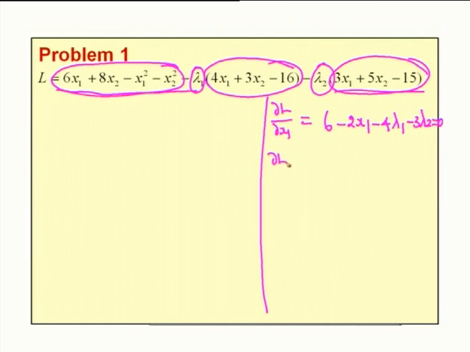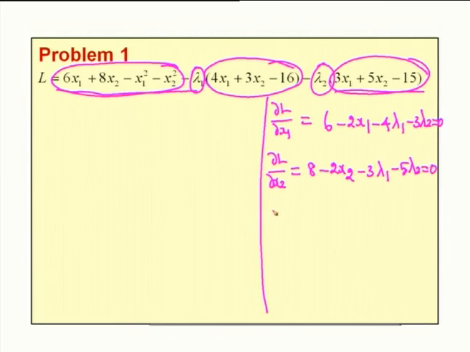The second condition is dou L by dou x2 equal to 0, which implies the partial derivative of this function with respect to x2 is 8 minus 2x2 minus 3 lambda 1 minus 5 lambda 2 equal to 0.